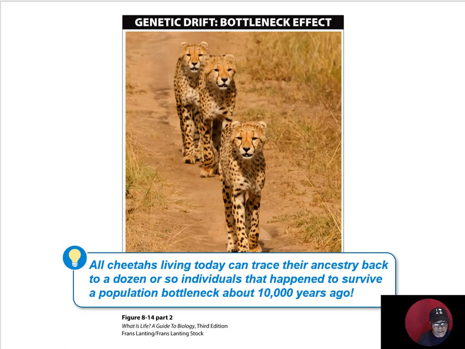Because they can all trace their ancestry back to a dozen or so individuals, we don't have as much variety and diversity in the alleles in that population. And that means that if we have a disease that comes through, it could potentially wipe out all the cheetahs, because there's not as much diversity in their population because of this bottleneck effect that happened about 10,000 years ago. So very, very delicate species.